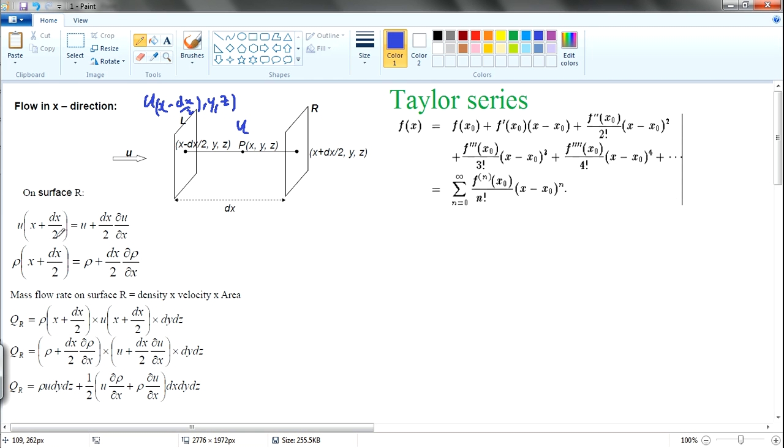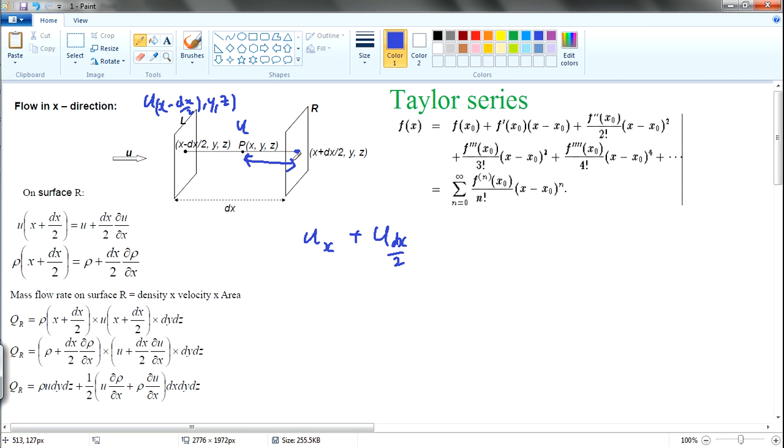In fact this ux is actually this point instead of this. If it's x plus dx over 2, we are talking about the velocity at this point, right? So in this case we'll talk about ux plus u dx divided by 2, the velocity at x plus the velocity within this range over here.